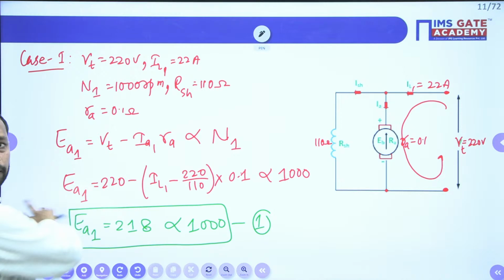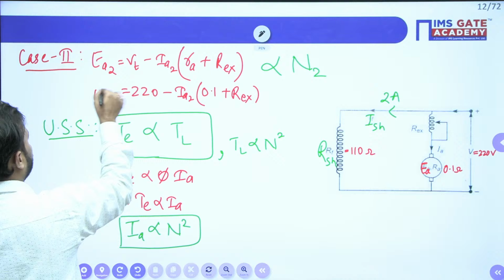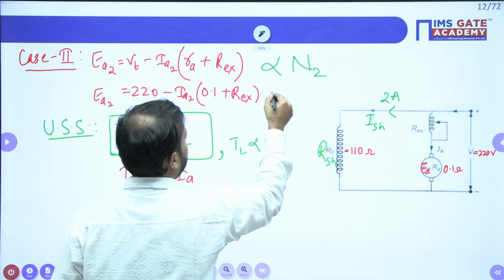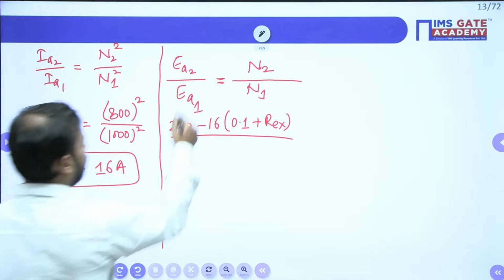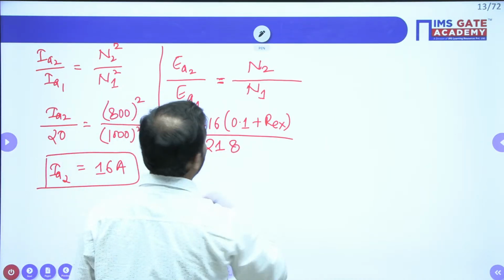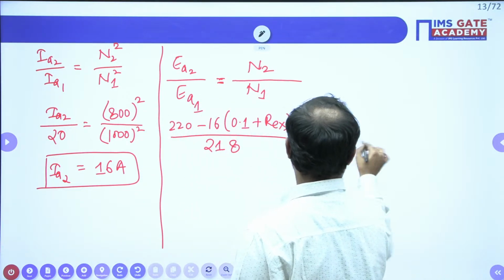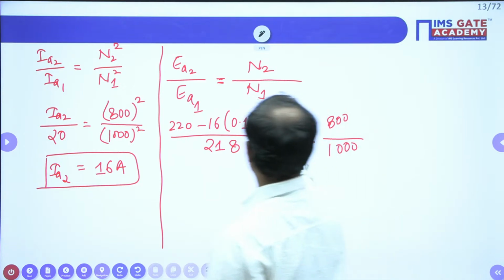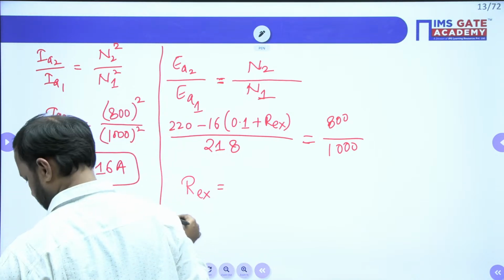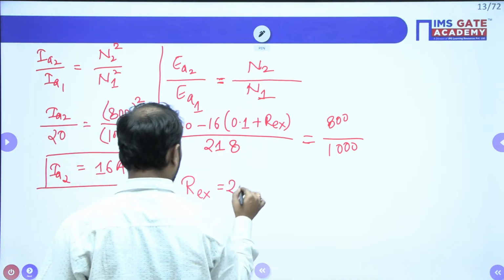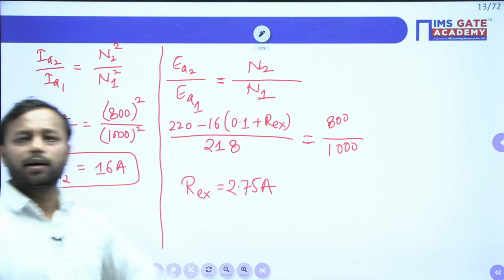All right, so from here and from this part we are going to have the answer. So EA1 is 218. This is equal to N2, which is 800, divided by N1, which is 1000. So when you solve this, you will get R external value as 2.75. So the correct answer for this question is 2.75 ampere.